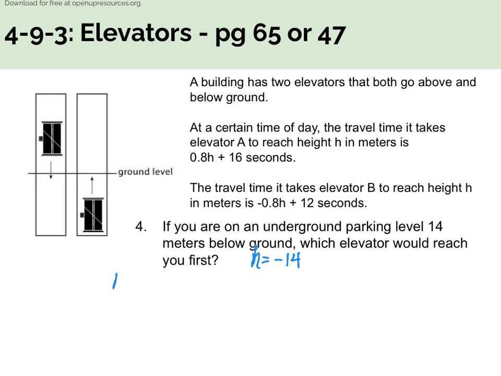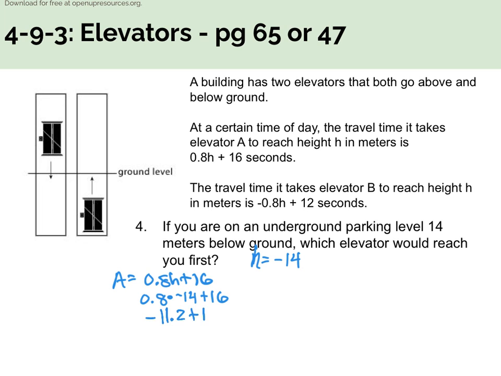All right, elevator A, its equation is 0.8H plus 16. So we're going to put in negative 14 for that height. And then we're going to say 0.8 times negative 14. That is negative 11.2.